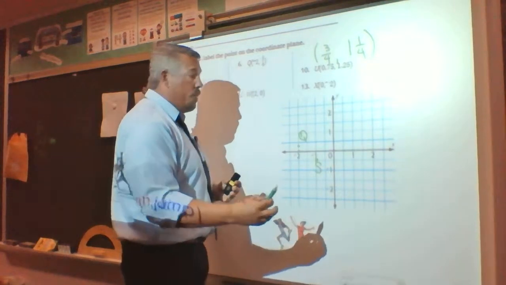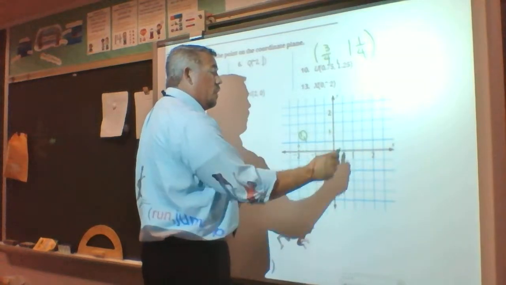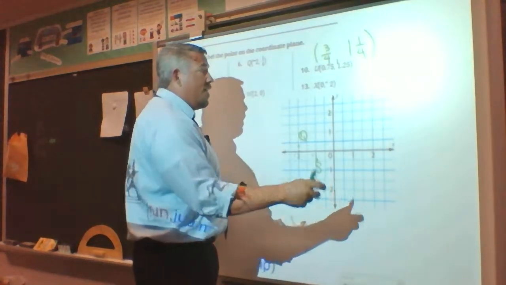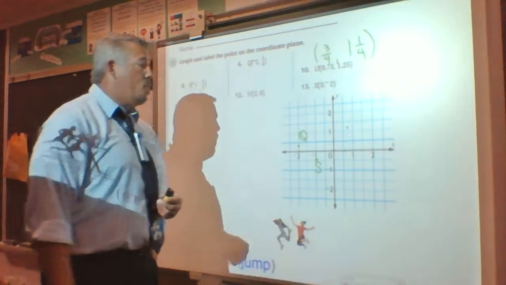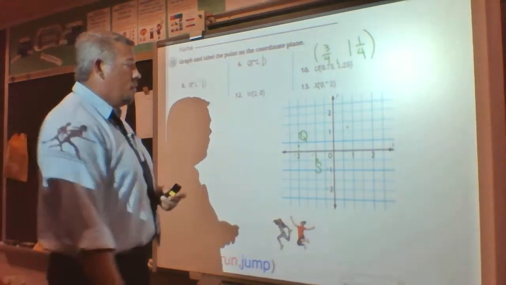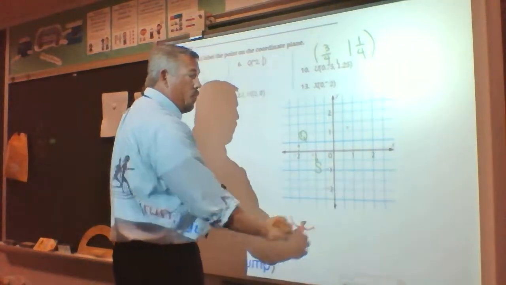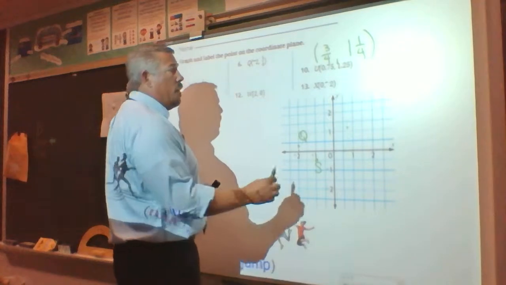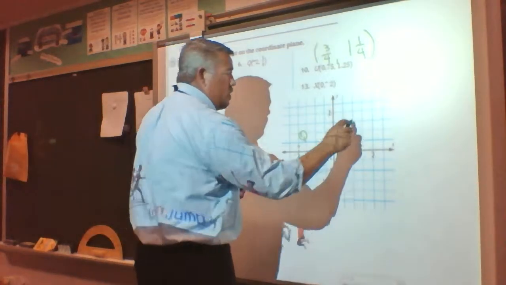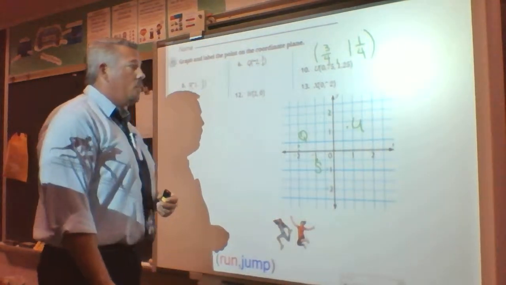My 1 and 1/4 then takes me up 1 whole unit, those 2 boxes, and then halfway between the 1 and the 1.5. So positive 3/4, to check, I went forward. I went up 1 and 1/4. I have it in the right location, so I'm going to label it U.